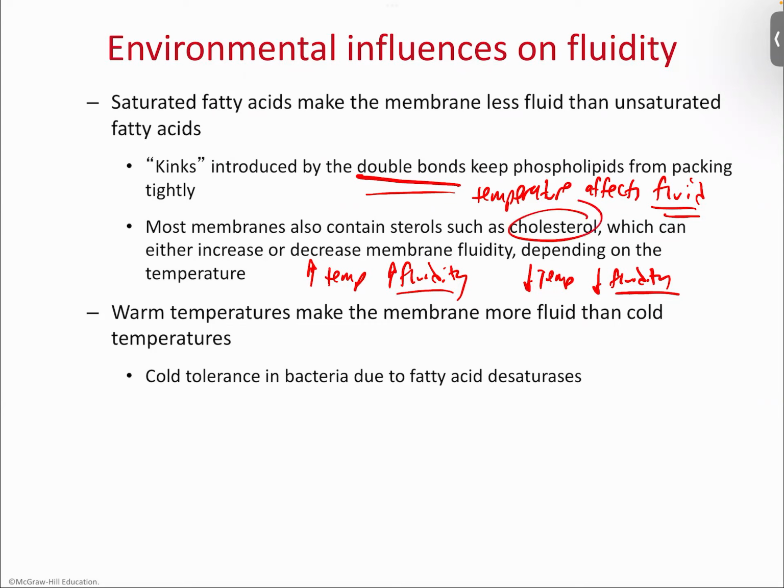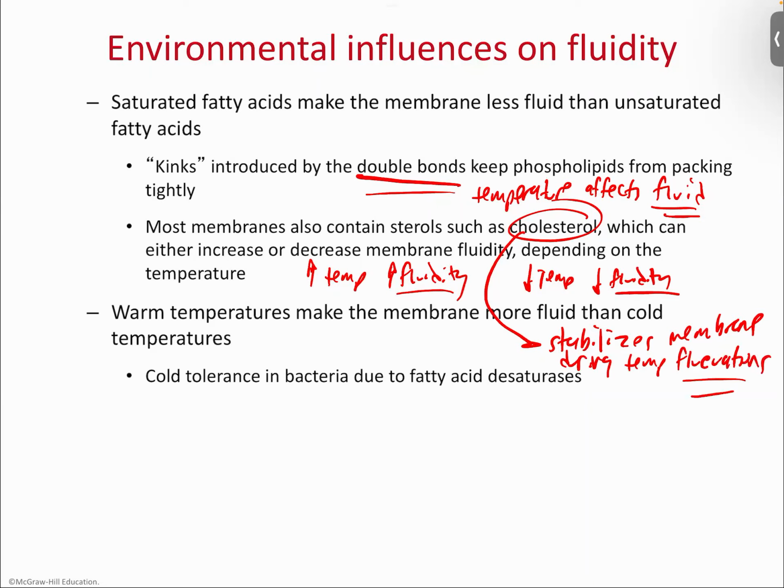It's simple. You toss cholesterol in there. So cholesterol, basically, what it'll do is it stabilizes the membrane during temperature fluctuation.